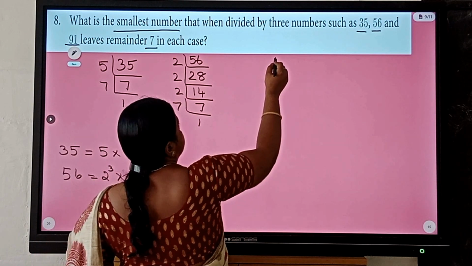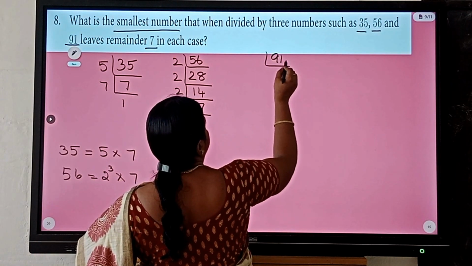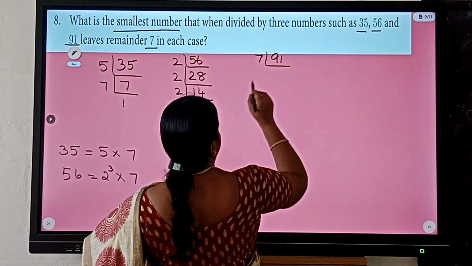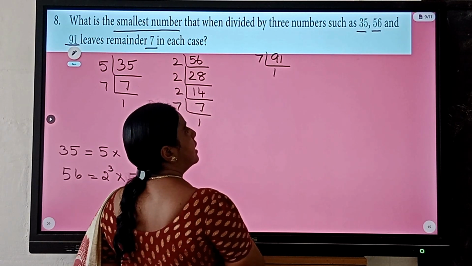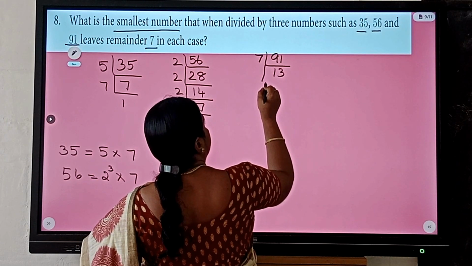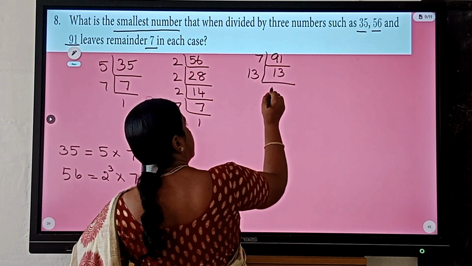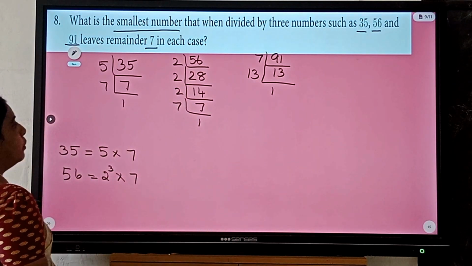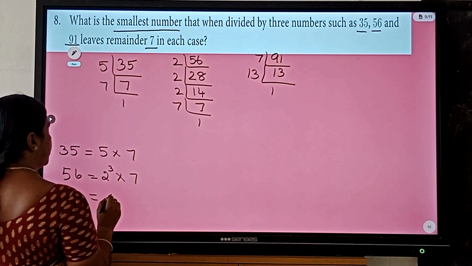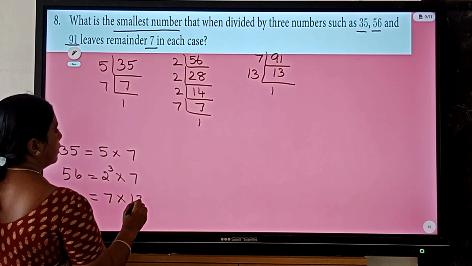The last one is 91 divided by 7. 7 ones are 7. You have remainder 21. Then 7 13s are 91. 13 is a prime number, so it is divisible by 13. So 91 is equal to 7 into 13.